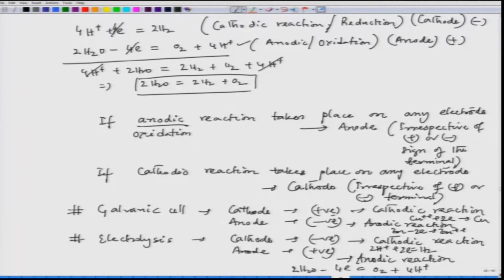So, this should be the basic fundamental behind considering which one should be cathode and which one should be anode.